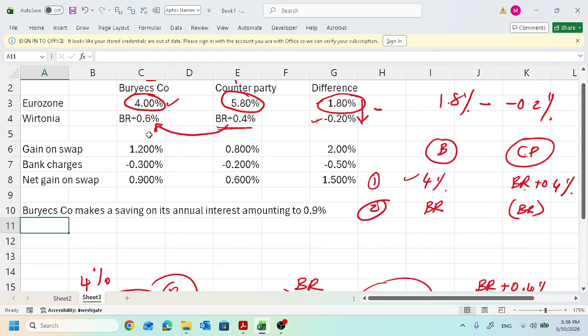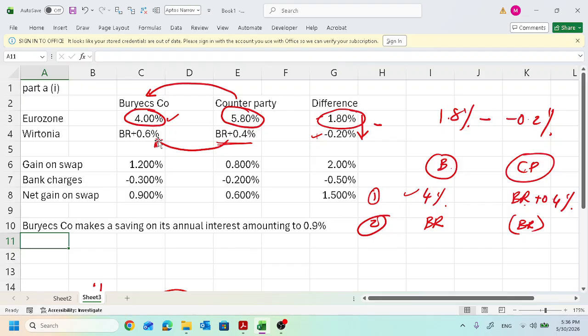Now ask the question, if B company directly borrowed at variable rate, they would have borrowed at this rate, BR plus 0.6. But we said they're going to have 0.9% saving, net gain. So from this original borrowing rate, if they should have 0.9% saving, what should be the final borrowing rate after the swap? Without the swap, B company would have borrowed at BR plus 0.6, because that is what they can borrow in Vertonia.